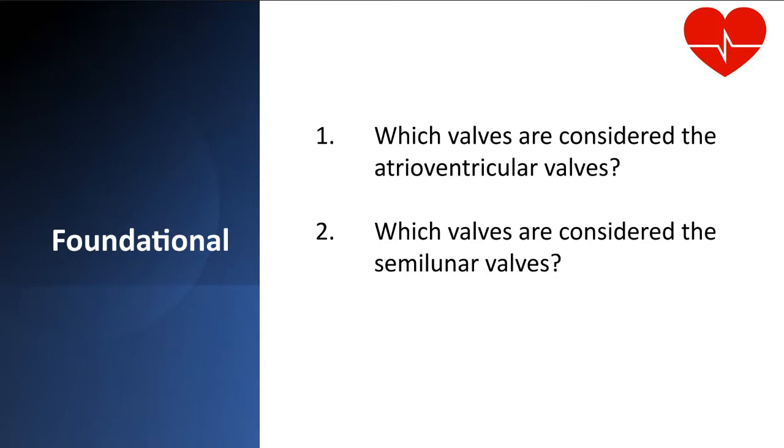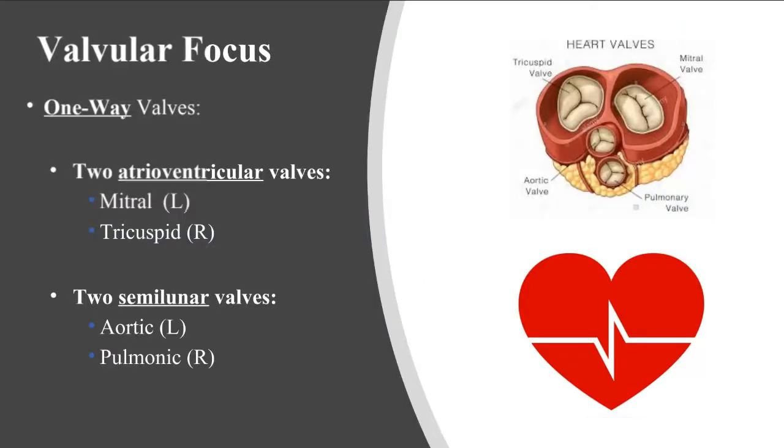Am I going to try to trick you on the test with those terms? No, but sometimes you might not know what somebody's talking about. So this is just what I just told you, and it's just a further breakdown. Remember, valves are one way. It's not a two-lane highway. Remember which valves are left and which valves are right.